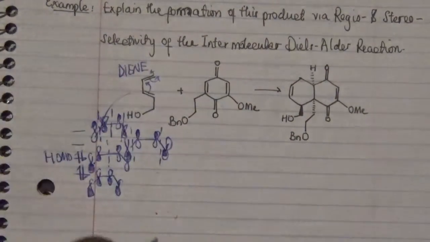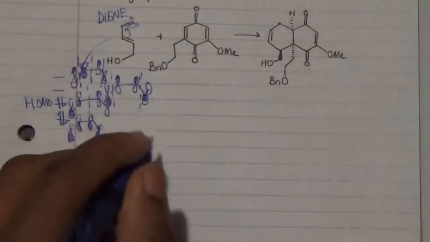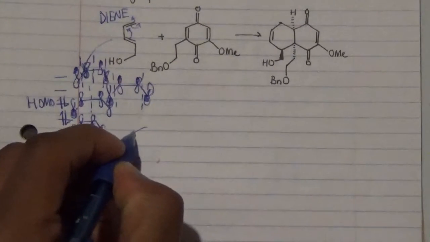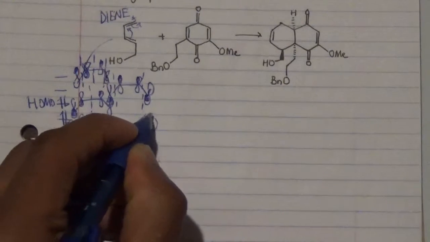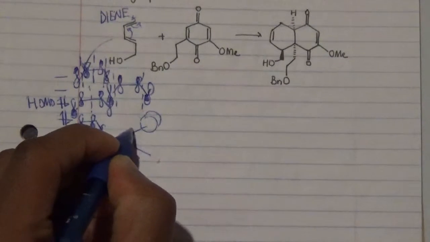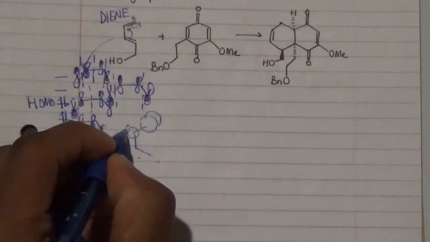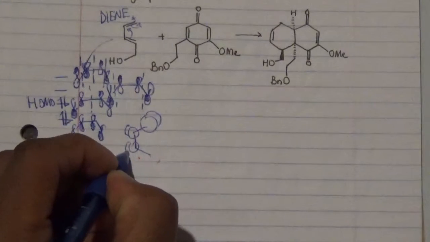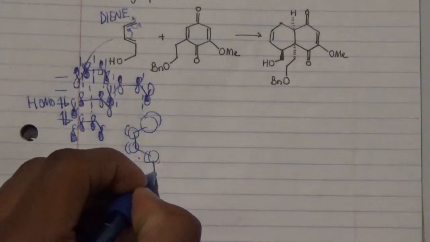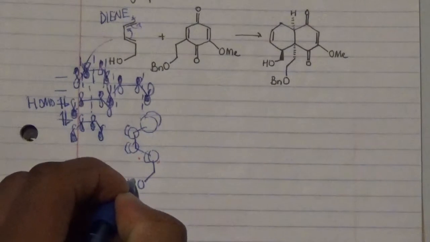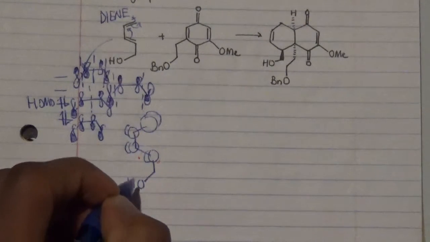So therefore what we have in the result is a molecular orbital which has a bigger lobe over here, but all these others are quite small. We have our OH because we have our electron donating group over there.